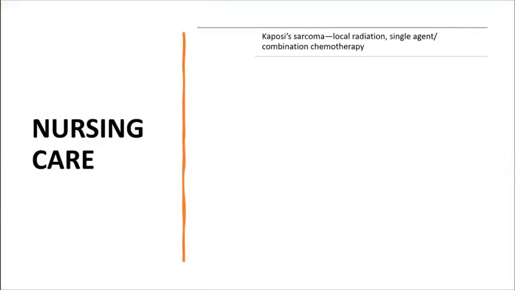So again, there's no effective cure. We can give antiviral medications like zidovudine, acyclovir. These are used to slow progression of the symptoms. But again, treatment is specific to the presenting condition. So if the client presents with Kaposi sarcoma, we can use local radiation as a palliative measure. We can use single agent or combination chemotherapy.